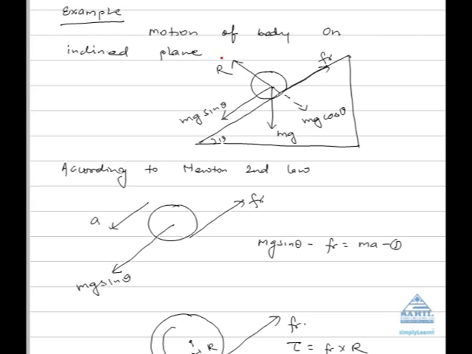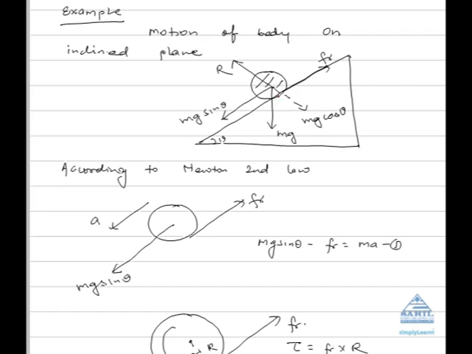Example: motion of a body on an inclined plane. A body of mass m is placed on an inclined plane, with weight acting vertically downward. Mg cos theta is acting opposite to the reaction force, whereas R is acting perpendicular to the contact plane.